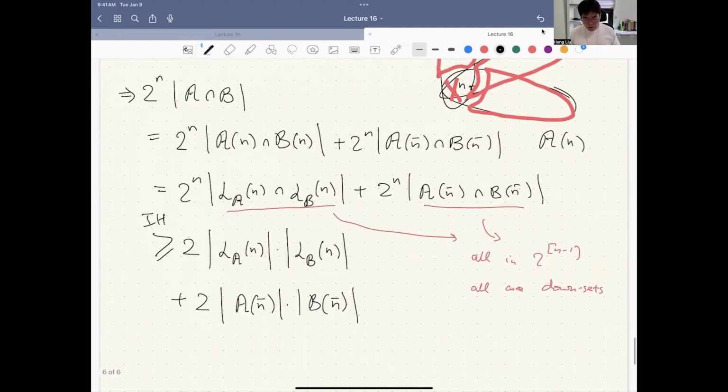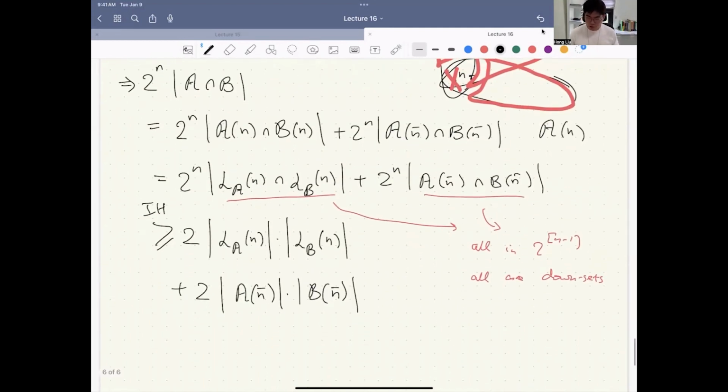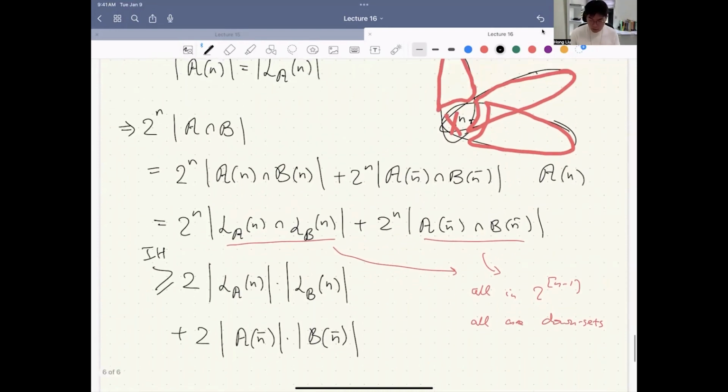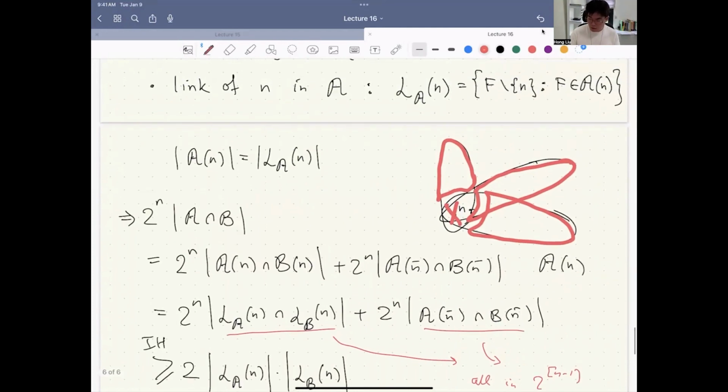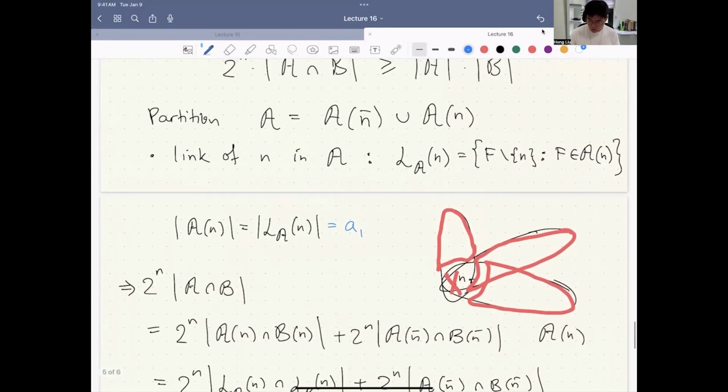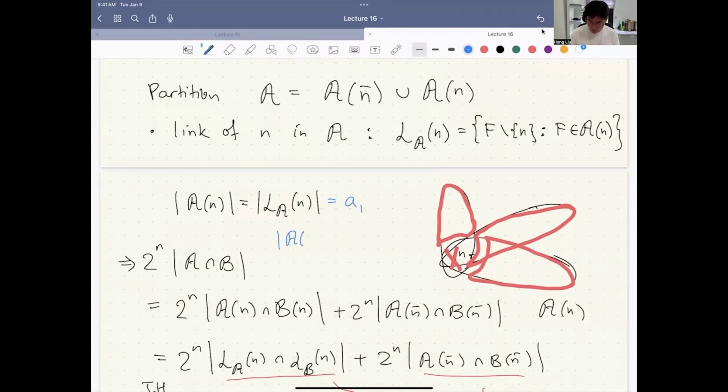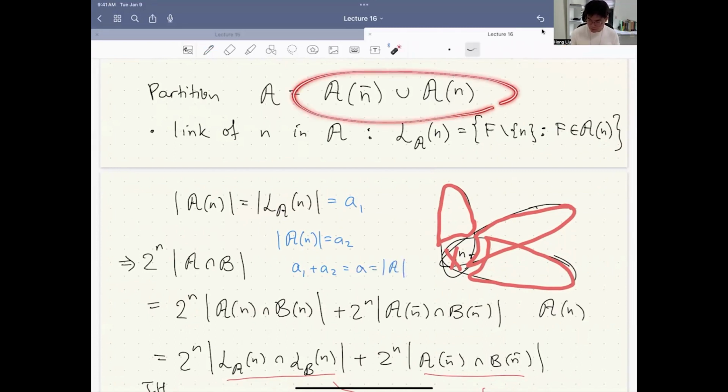So we want to compare this to, let's call this A1, and let's call A_n A2. So we have A1 plus A2 equals A, which is the size of A, right? Similarly, define B1, B2.